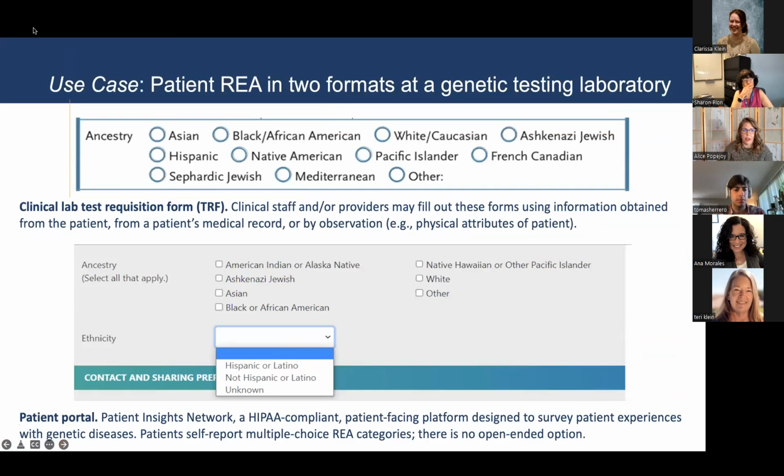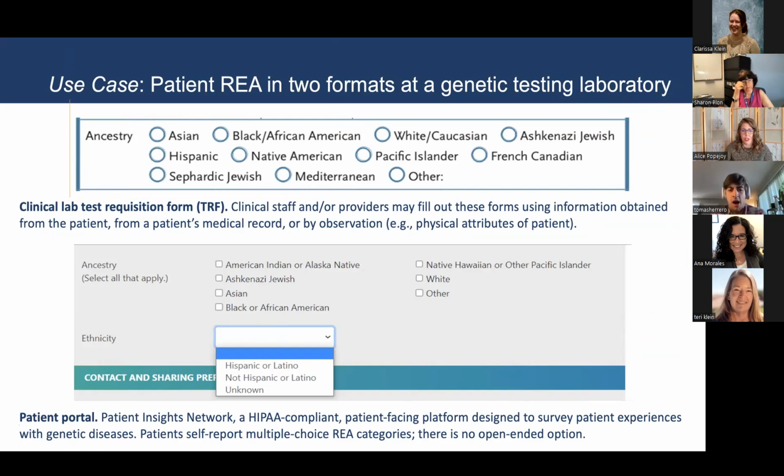So we had a very cool use case that was presented to me by collaborators at Invitae. This is Anna Morales and Dee McKnight. And they said, we have two forms of patient race, ethnicity, ancestry. We have this test requisition form that's filled out by clinical staff or providers, whoever's ordering the test, presumably.